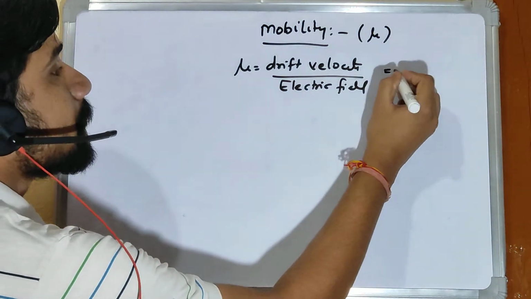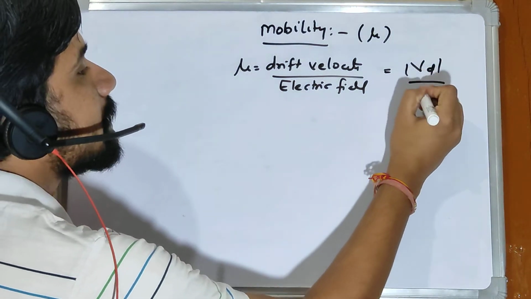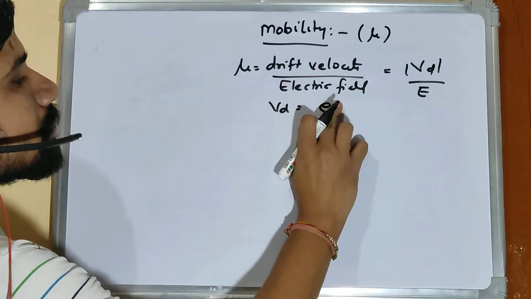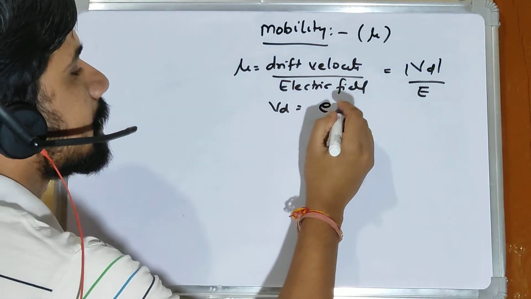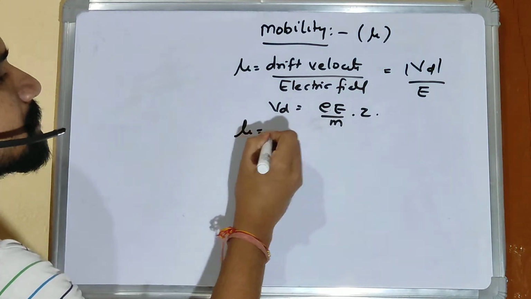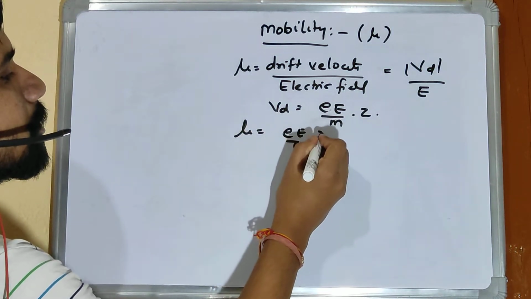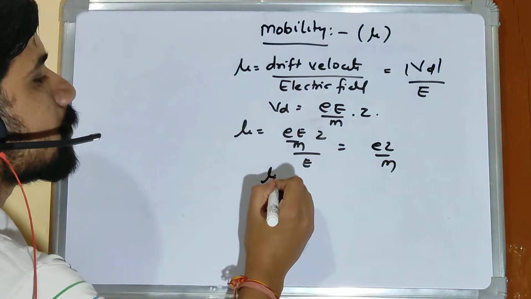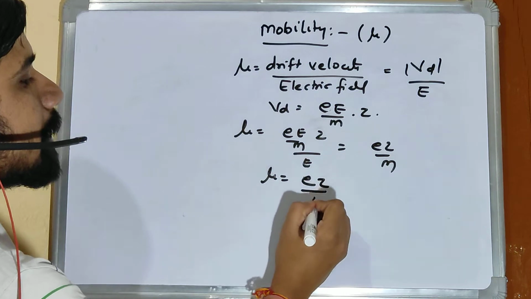So drift velocity is Vd, if I talk about magnitude, and E. So you know Vd is e E by m into tau, right? So mu becomes e E by m into tau divided by E, which becomes e tau by m. So mu equal to e into tau by m.